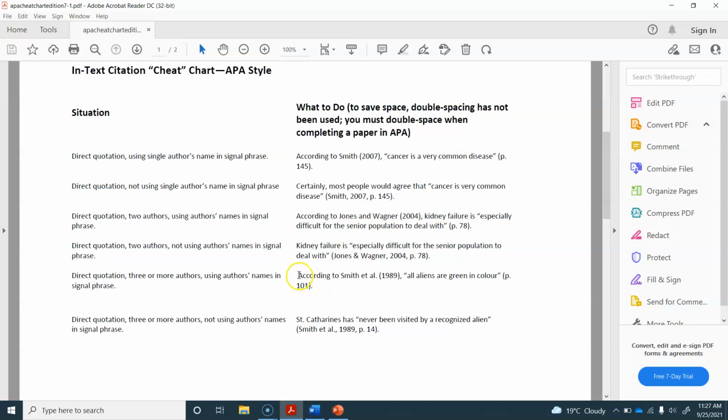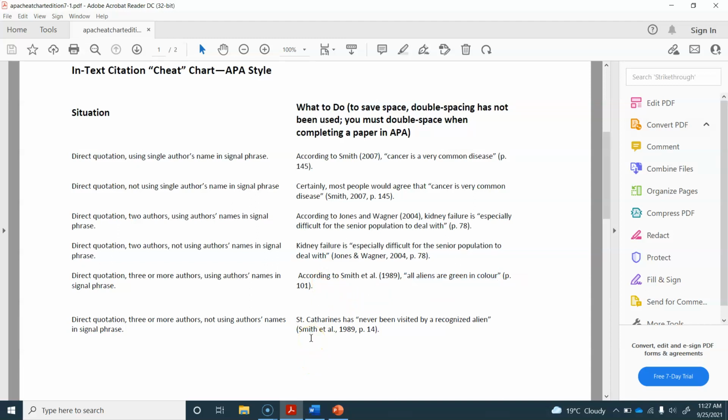So if I'm going to use the author's name in my sentence, I'm going to put in the first listed author's name, Smith, then et al., E-T space A-L period, which will stand in for all the other authors that are listed. Then the year of publication after the et al. I go into my quotation just like I did before, and then I put the page number right after the quotation.